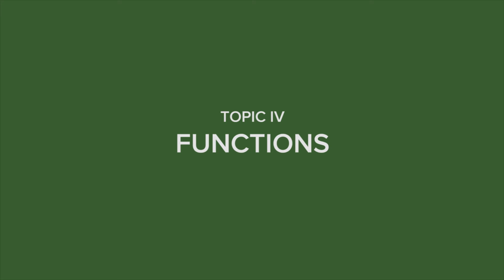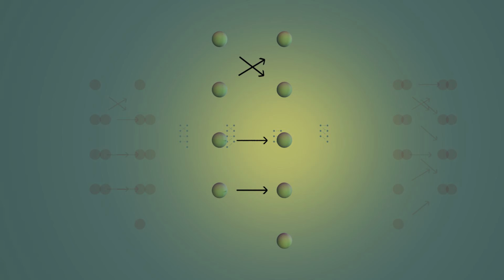Hi, I'm Brian. The topic that I will discuss is all about functions. A function is a set of members that have a connection to another set of members. The properties of functions are the following. Surjective: x is greater than the function of x.